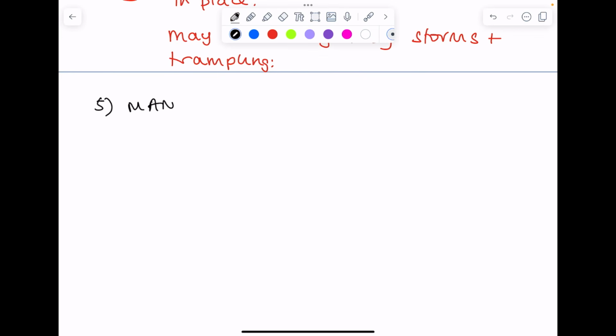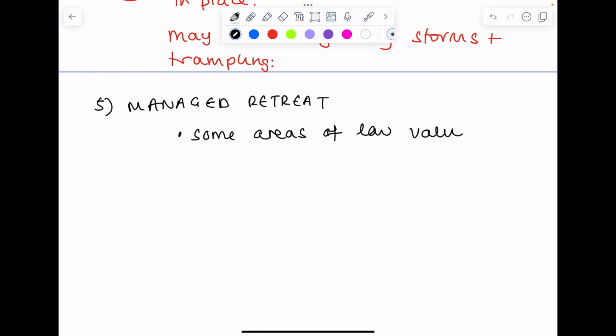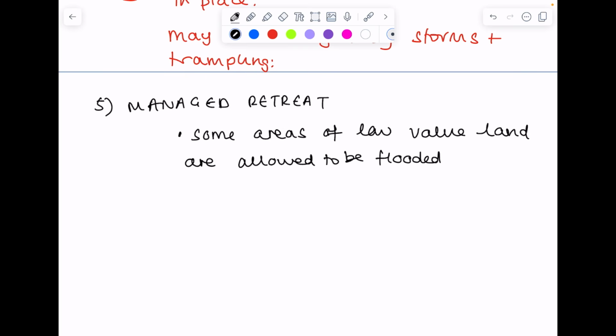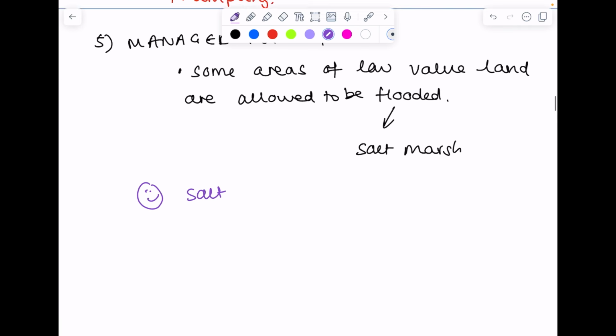Managed retreat now. This is when some areas of low value land are just allowed to be flooded. So basically we give up in these areas in terms of trying to stop the sea doing its thing. And because that water is seawater, you're going to produce a salt marsh, which is a very valuable habitat for birds and vegetation.